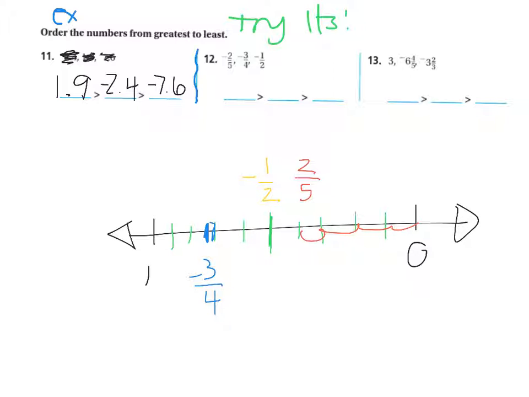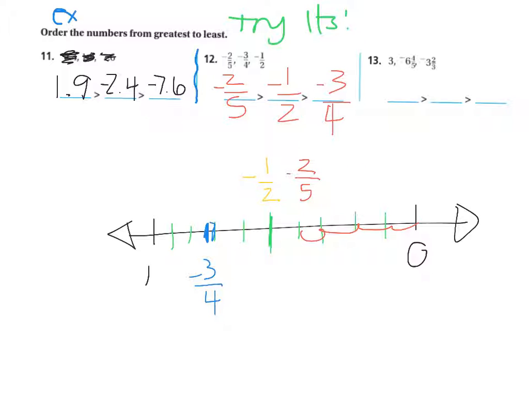And so now I can go ahead and see which one's the biggest, and I'm just going to go straight from 0. Coming across, here's my largest, second largest, and smallest. So now I just need to put those on here. Negative 2/5, negative 1/2, and negative 3/4.